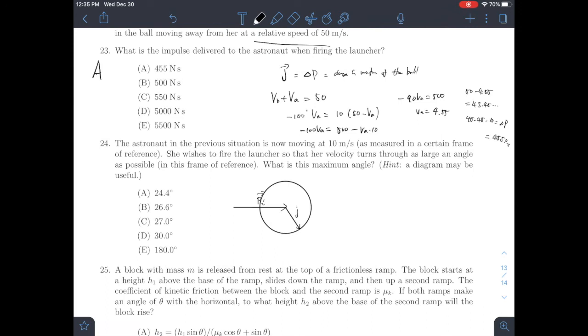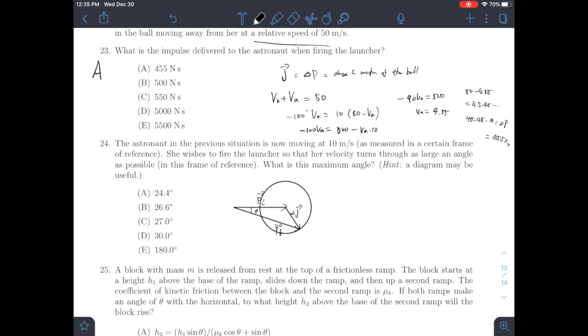Then we want to calculate the final momentum. The final momentum will be this vector, and the angle between the initial and final momentum, which is the velocity direction, is theta.